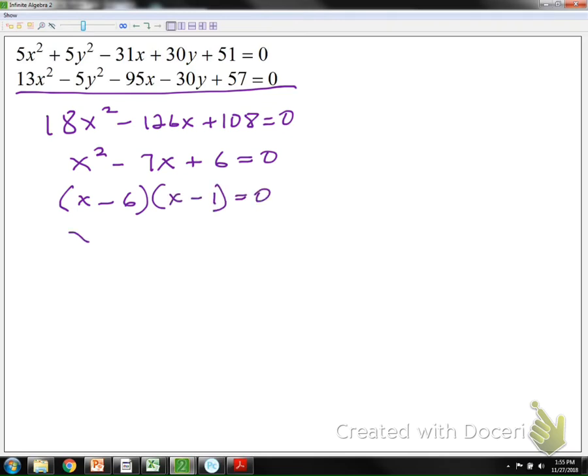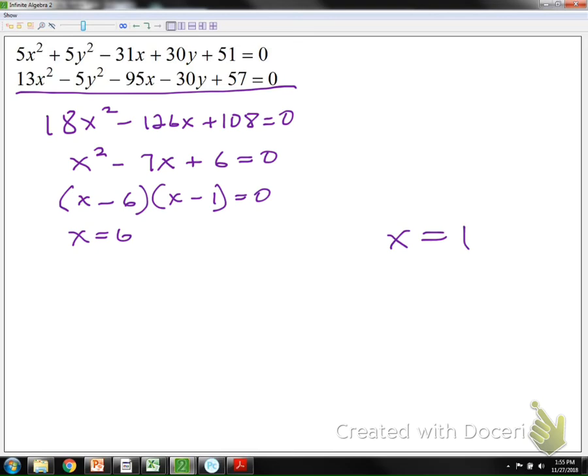So we get two x values: x equals 6 or x equals 1. Now we still have to plug those values into one of our original equations to see what results. Let me move this x equals 1 over here.